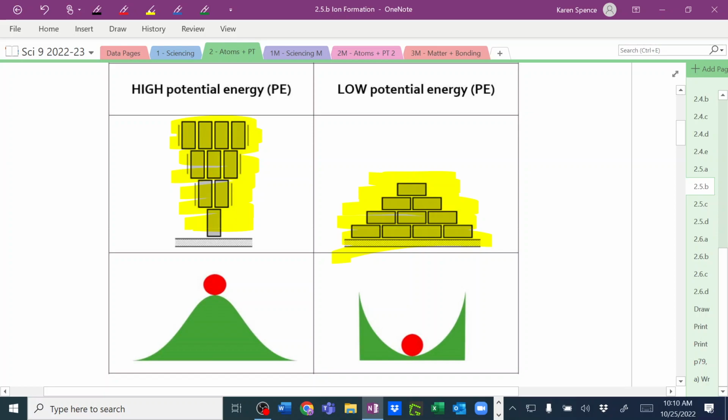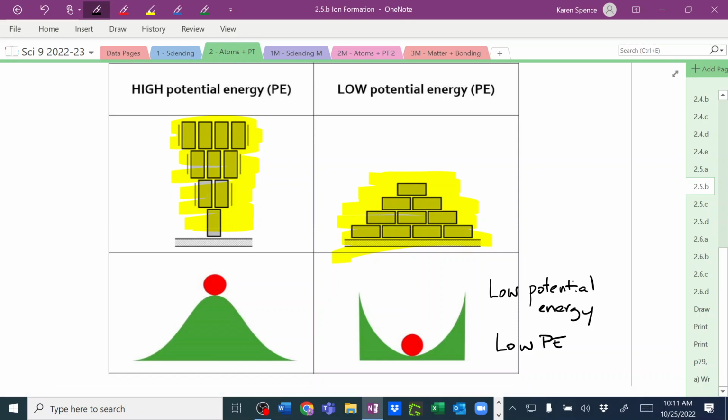No. So low potential energy, and we're going to call that low PE, because writing potential energy every time takes way too much time.